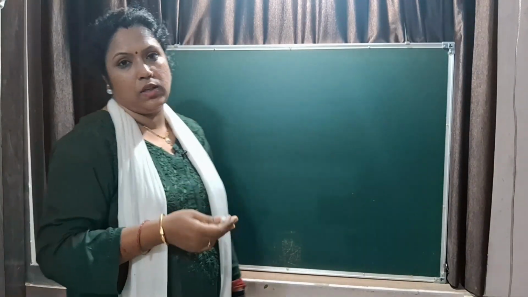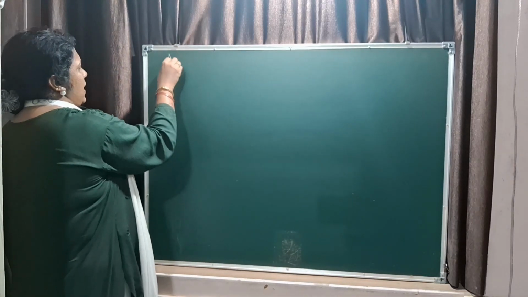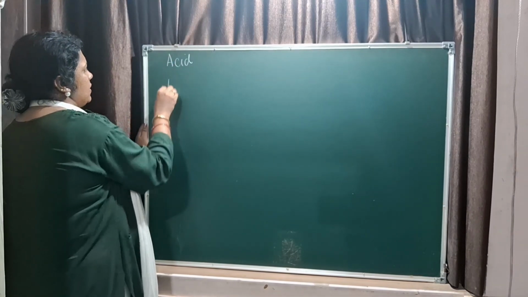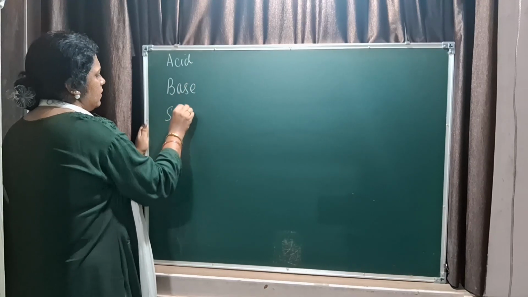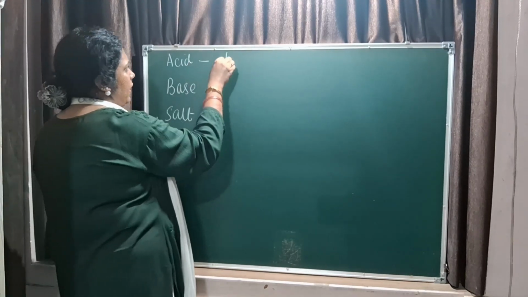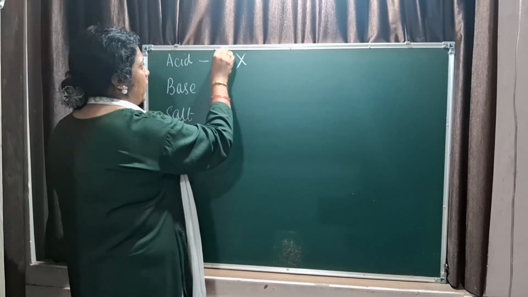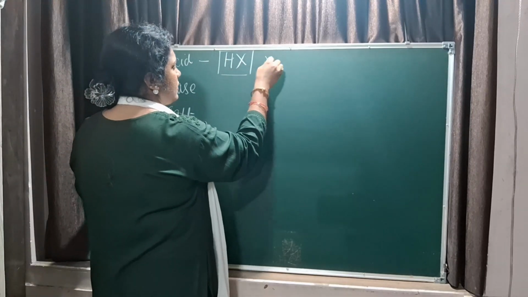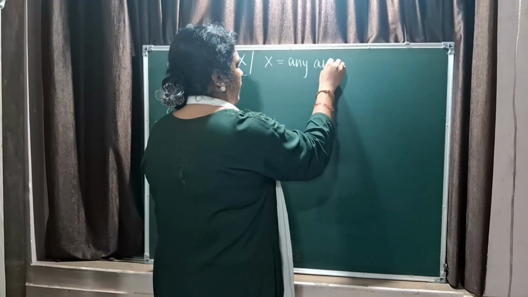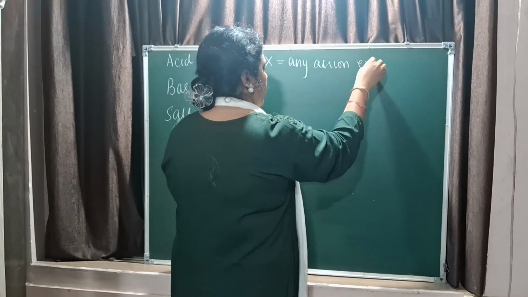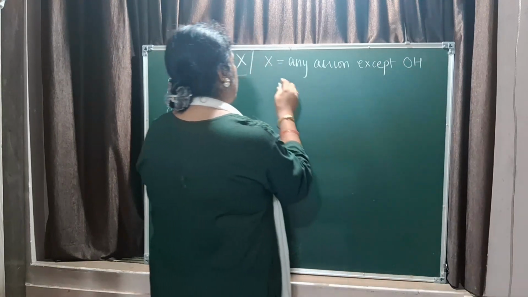Now when we have seen how the formula is being made, you can classify the compounds basically as acid, base and salt, right. Now what is an acid? HX is an acid where X is any anion except OH.